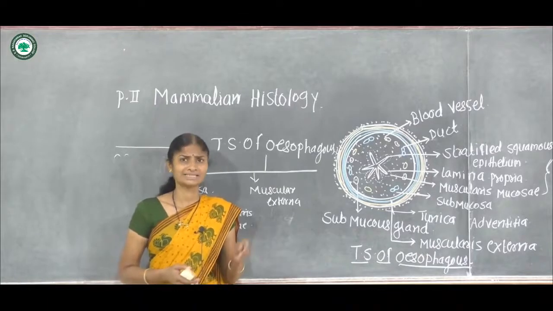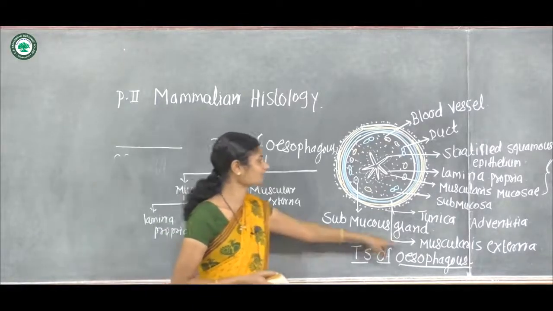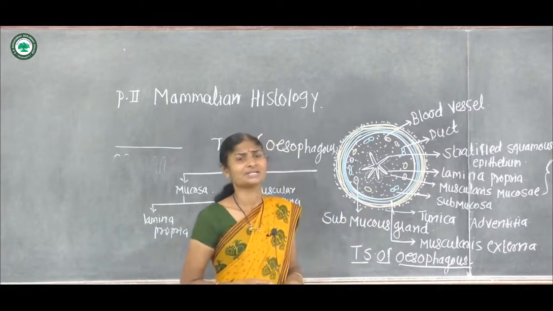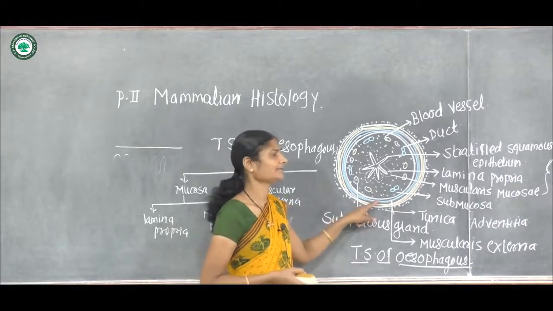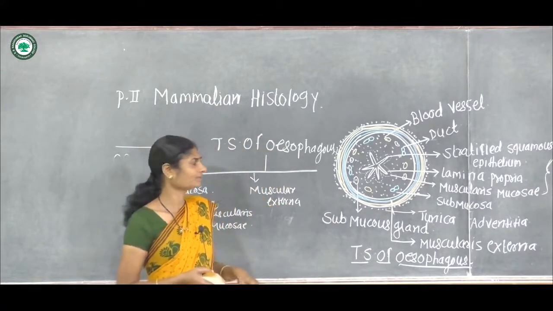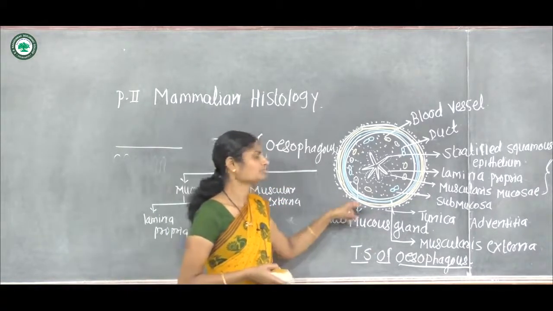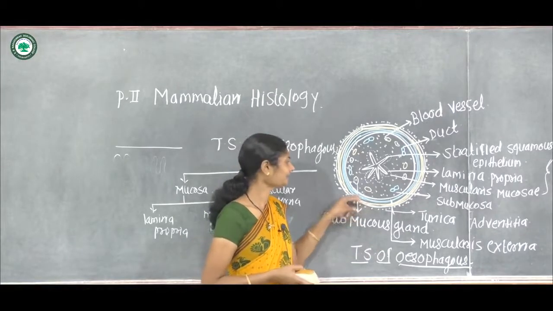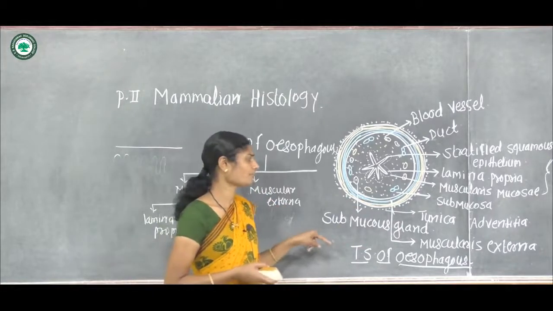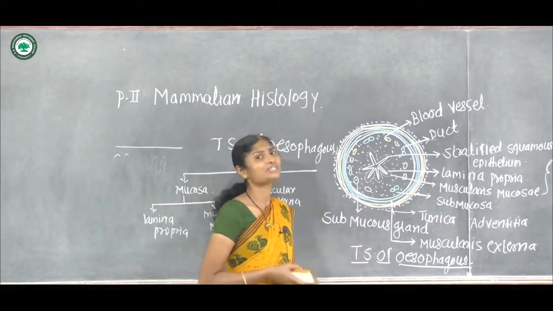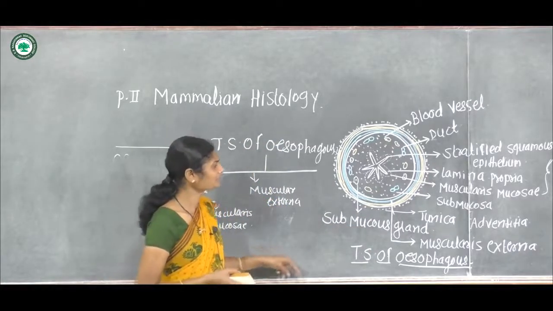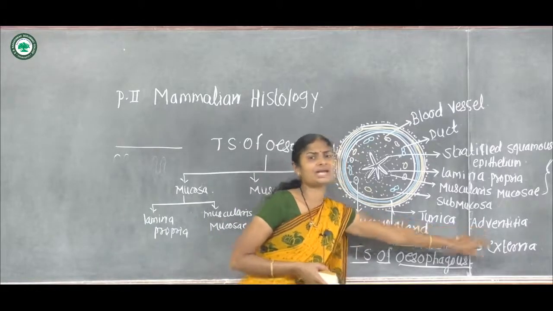The upper 1/3 part mainly contains striated muscle fibers, the lower 1/3 part contains smooth muscle fibers, and the middle 1/3 part contains both smooth and striated muscle fibers. Next layer is Tunica adventitia.